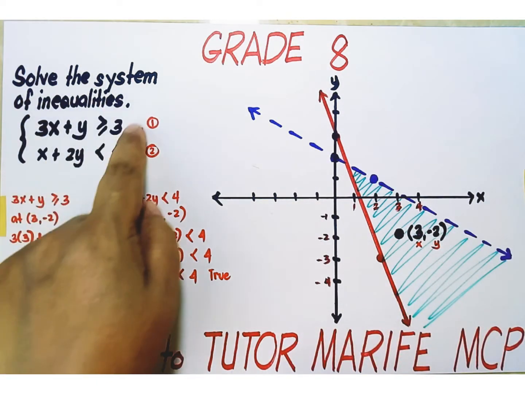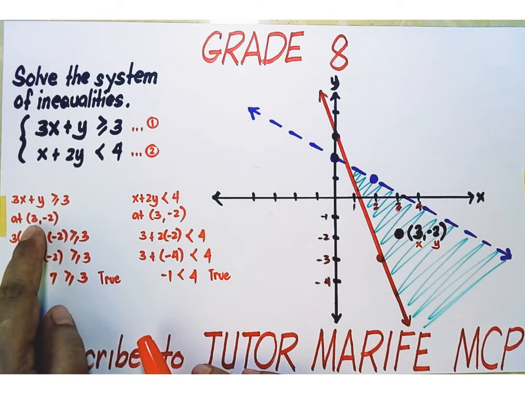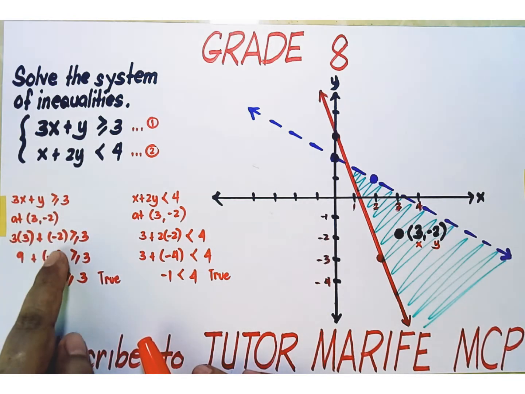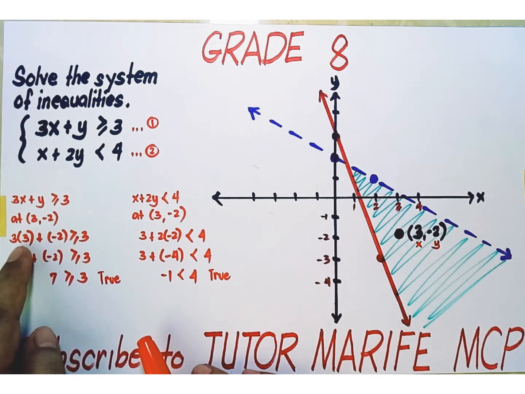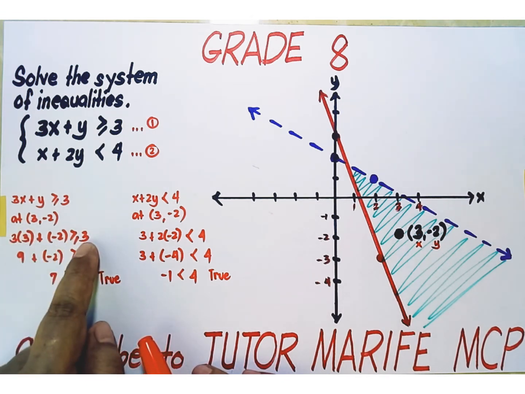Let's test the first inequality. 3x plus y is greater than or equal to 3. Replace x with 3, replace y with -2. So 3x becomes 3 times 3, y becomes -2. We now have 3 times 3 plus -2 greater than or equal to 3.